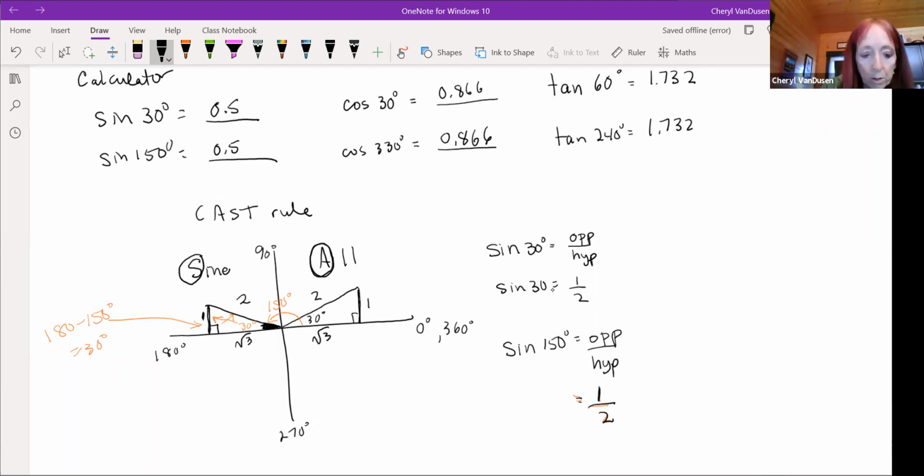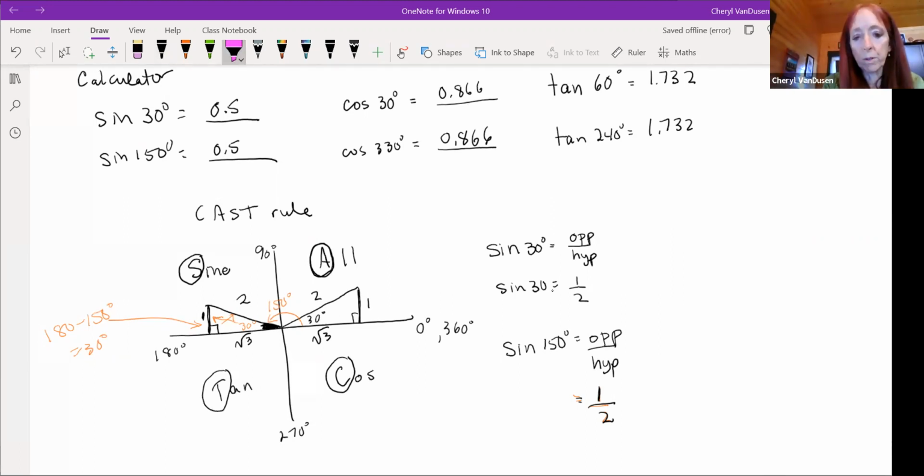And we'll do some questions. In this quadrant, the tangent is positive. That's where the T comes from. And in this quadrant, the cosine. So kind of odd, CAST starts on the 4th and then goes up and around. But do you see, I'll use some highlighting here.